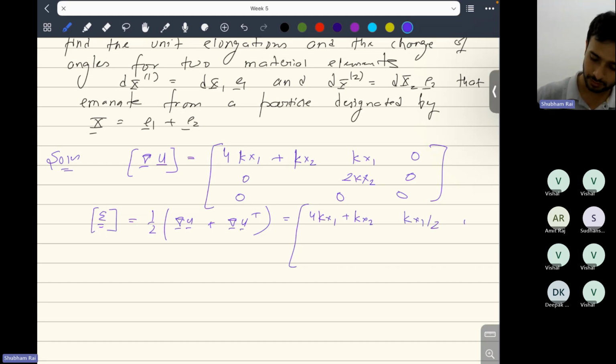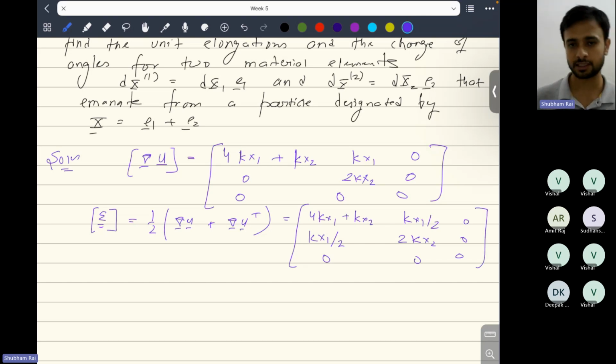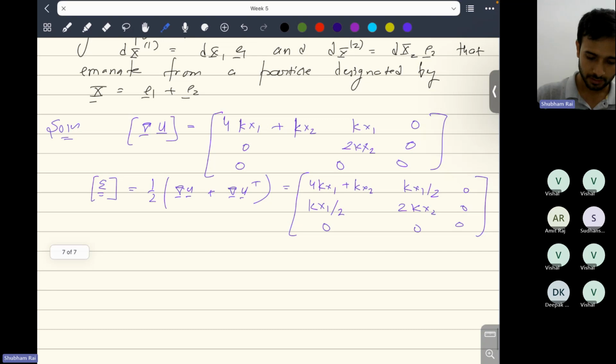This will be 0. Since it is symmetric, this one will also be k x1 by 2. And this will be 2k x2, because diagonal elements remain the same. And this will be 0. So 0, 0. It's a kind of plane strain case because the third row is completely 0. So it's a plane strain condition.